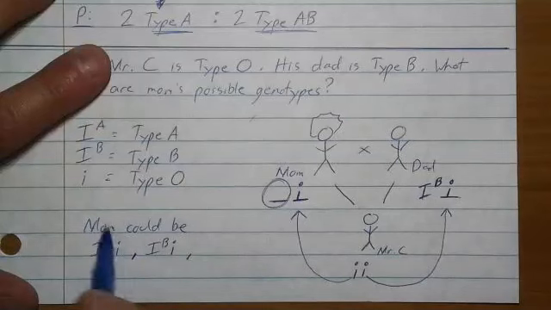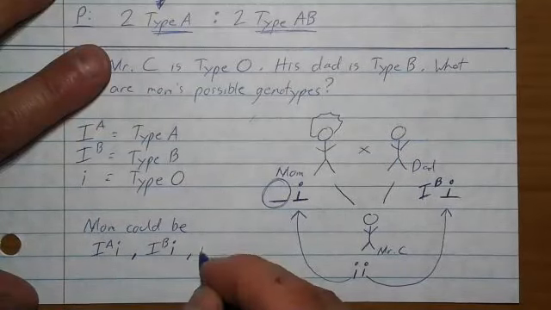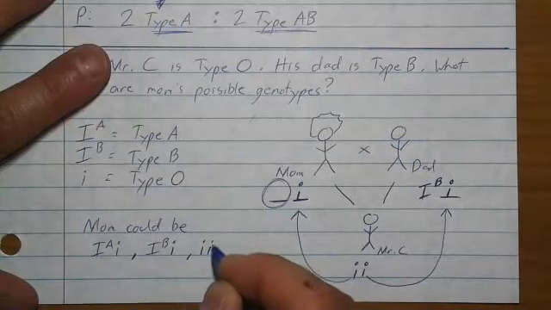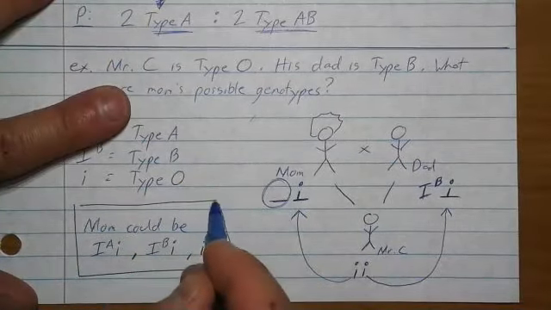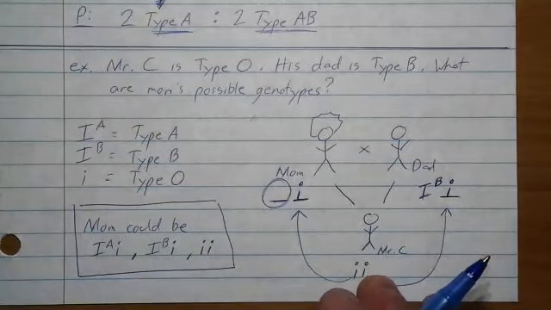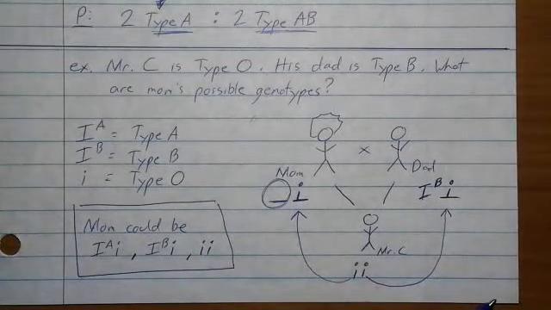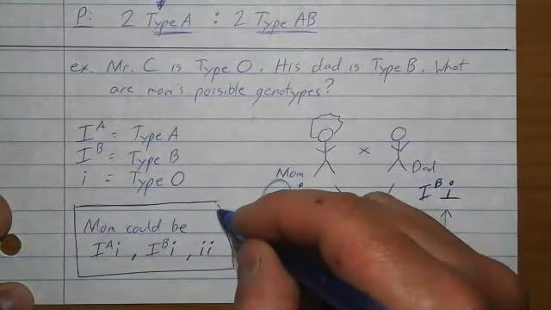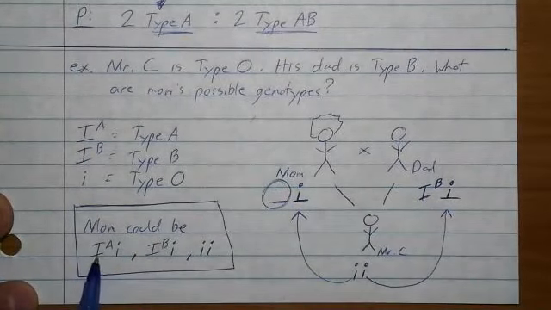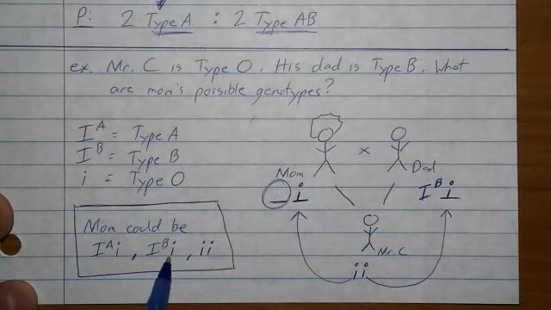Or she could be a lowercase i with another lowercase i. And you might be saying, that's it? That's not really a definitive answer, Mr. Charlton. Well, based on the information you got, you can't make a definitive answer. That is the closest you can get. Mom is either I^A i, I^B i, or ii.